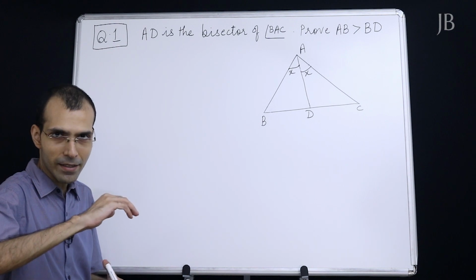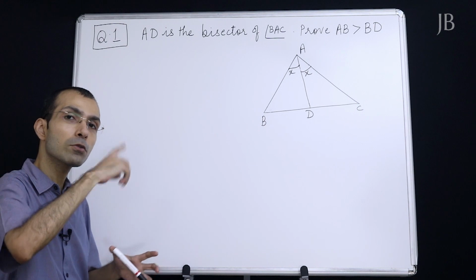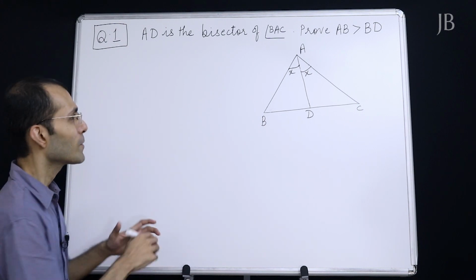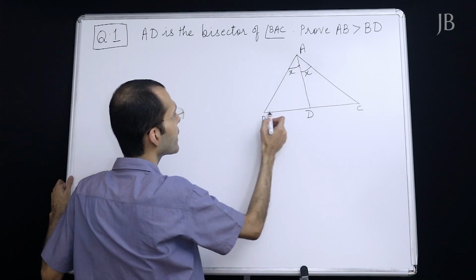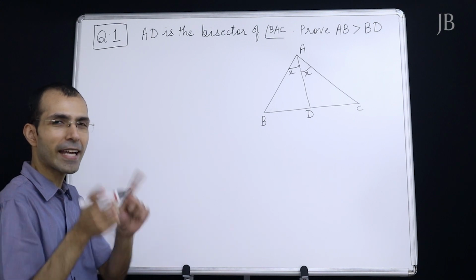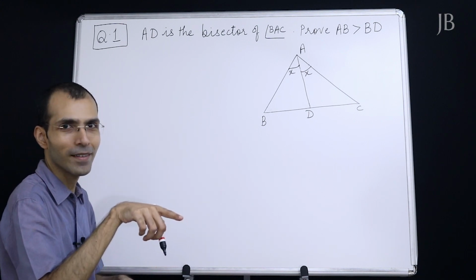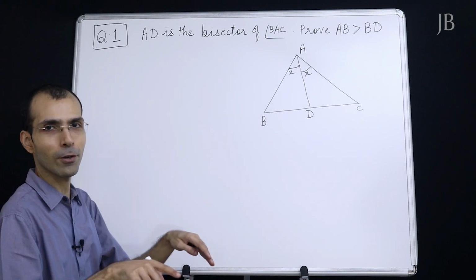If one side is greater than the other side, then the angle opposite to that also will be greater. So if I have to prove AB greater than BD, I should catch hold of the angles which are opposite to them and play with the angles, and then this conclusion will automatically follow.